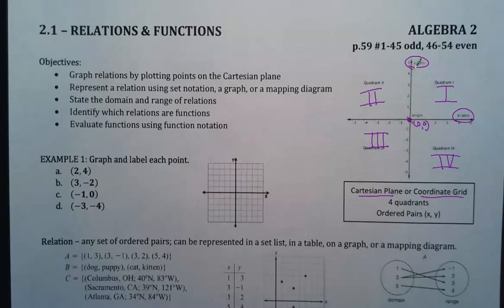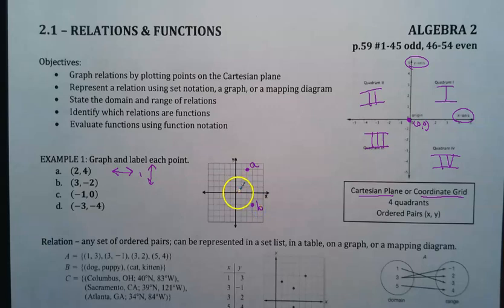Okay, so it says graph and label each point. Remember, you always go right or left first, and then up and down for your graph, because it is x and then y. So (2, 4): we're going to go over 2, up 1, 2, 3, 4 to plot number 1, or A. B is (3, -2), so we go over 3, then down 2 for our negative 2.